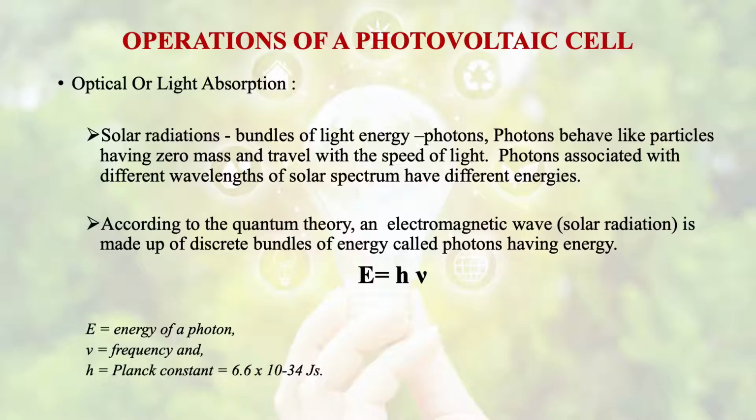Where E is the energy of the photon, h is the Planck constant, which is 6.6 times 10 to the power minus 34 joule second, and nu is the frequency. This is a very common formula: E equals h nu. You can see that when we increase the frequency, we get more energy.